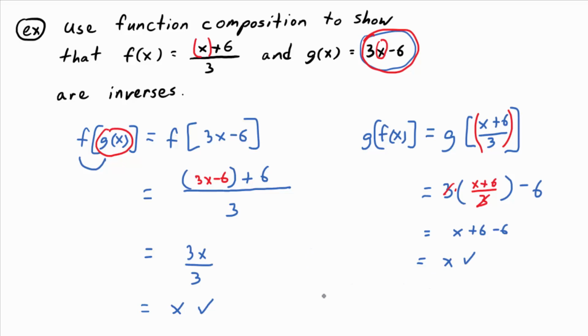And you could say, if you want to use a snobby sounding word, thus, henceforth, how about behold? That's a pretty good one. Now we'll stick with thus. Thus, f and g are inverses, because function composition in both directions gives you x, you can say that they are in fact inverses of each other.